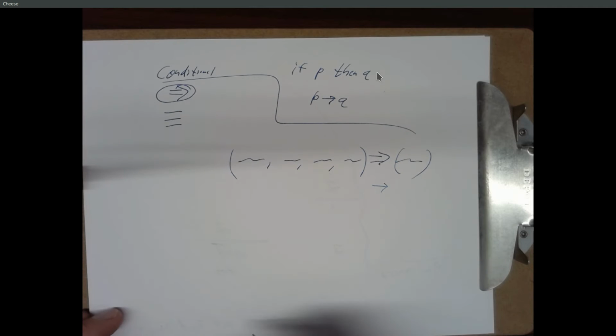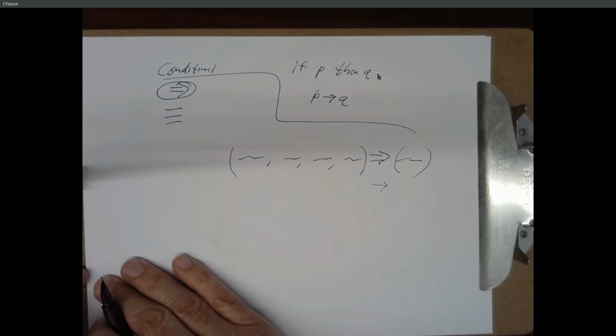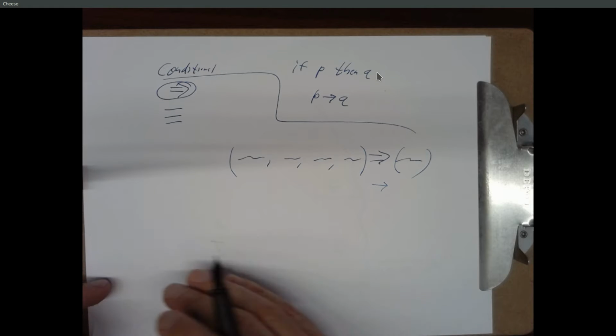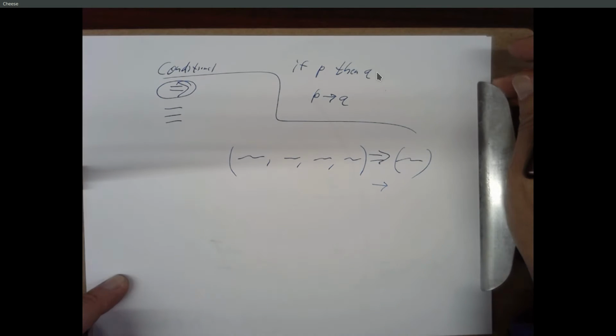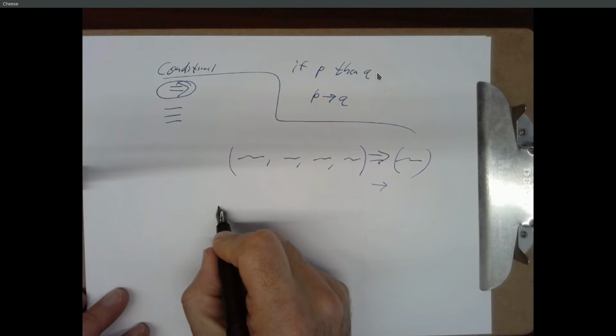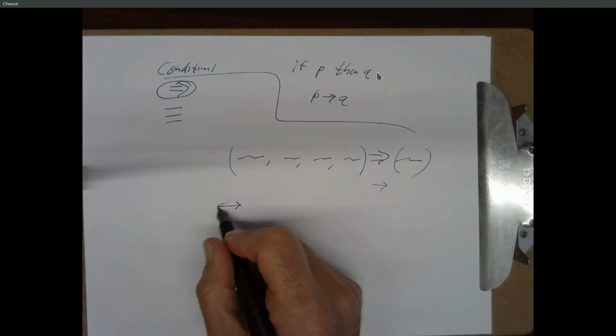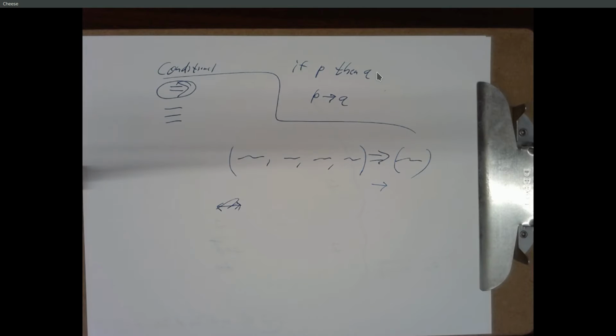Now, equivalence is really saying that these two things on both sides are simultaneously true or false. They have the same value, which means logically they're saying exactly the same thing. It's interchangeable with that, but we really think of it as saying they have the same truth table values in all cases.